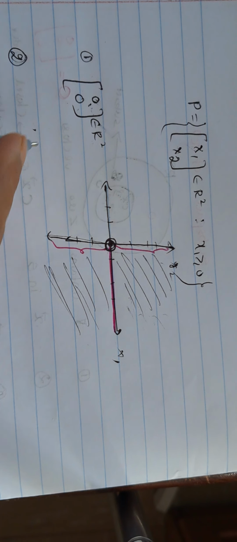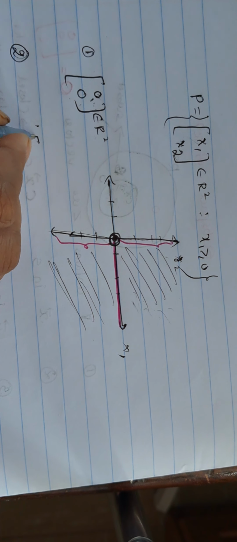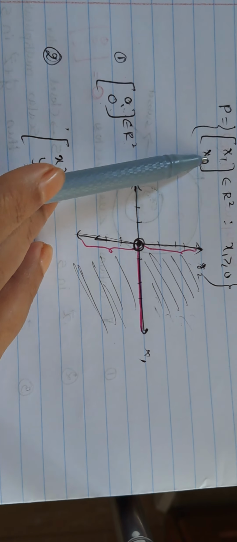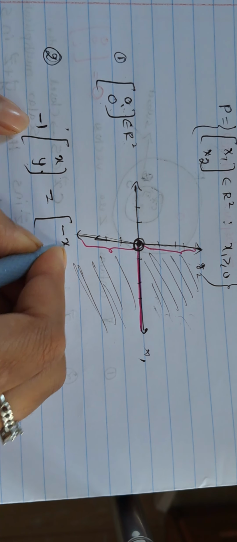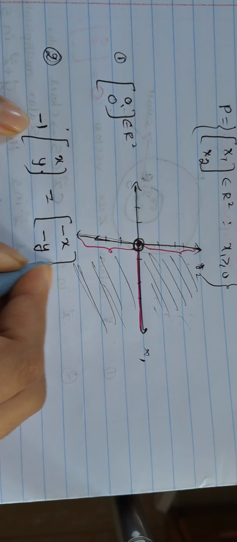Let me take the vector, say, x and y. Don't worry, this x is nothing but this x1, and y is nothing but this x2. I'm just taking it in that form. So this is my vector which obeys the given condition. Let me take a scalar as -1. If I take the scalar as -1, this gives you -x, -y.